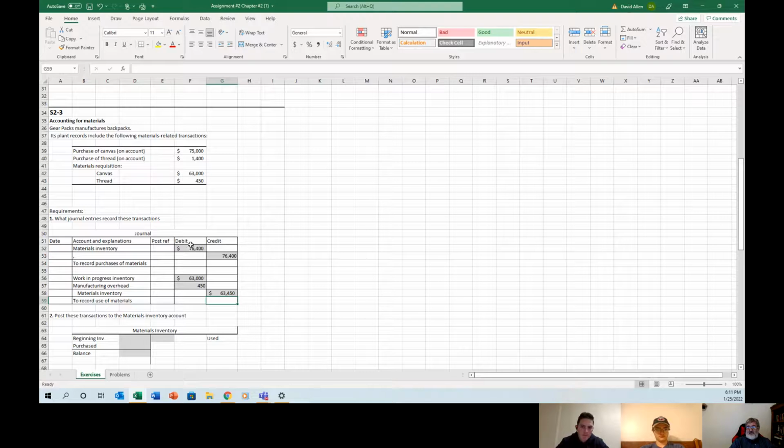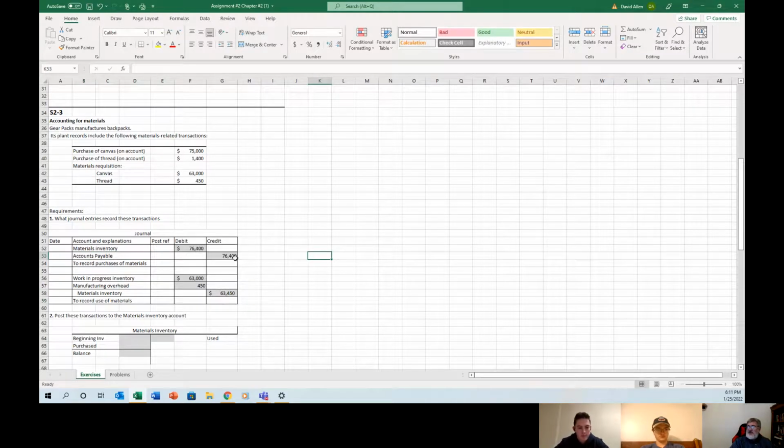So you see how this is material that came in, and we got to pay for it. Accounts payable. What happened to accounts payable that was in there? Oh, I didn't have my number lock on a while ago. I was messing that up. So we have our material inventory.